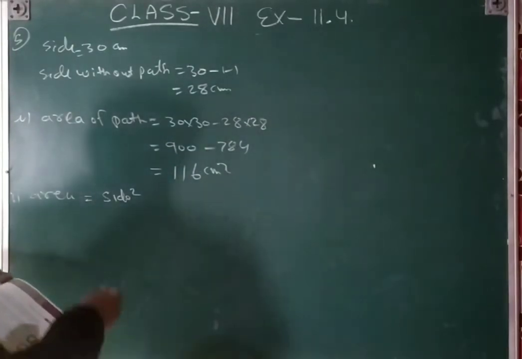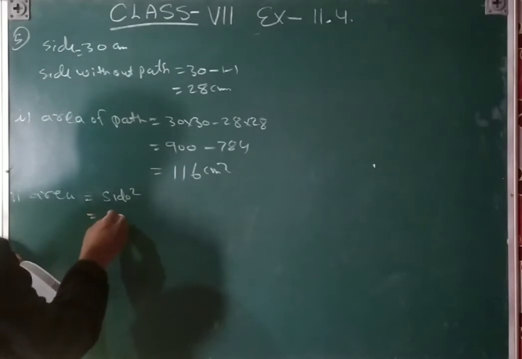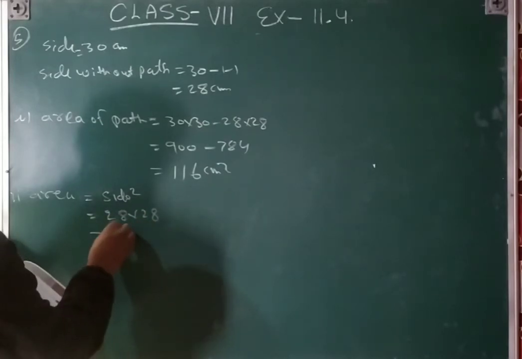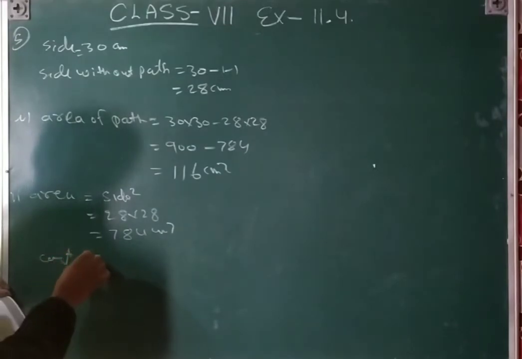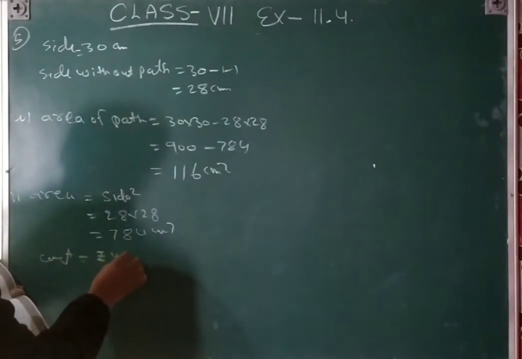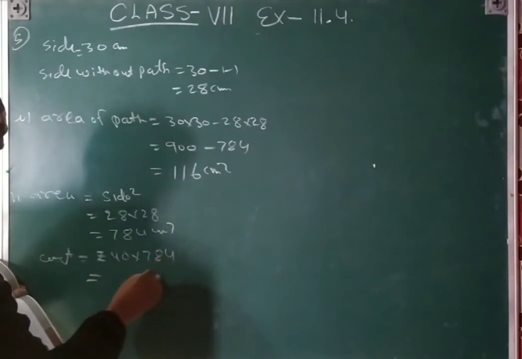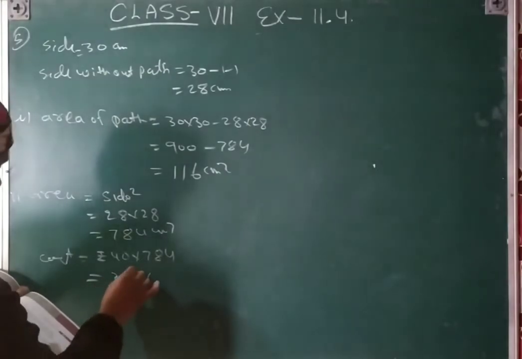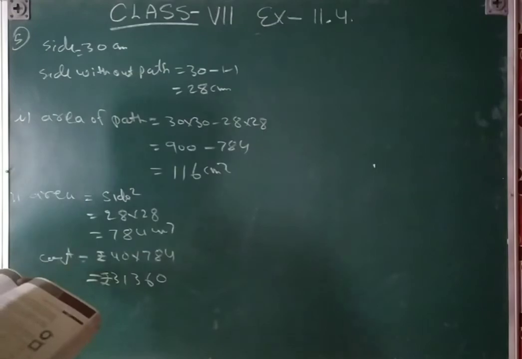Area of that will be this one, 28 into 28, so that will be 784 centimeter square. Now the cost is equal to rupees 40 into 784. So 4 4s are 16, and that is 31,360 rupees.